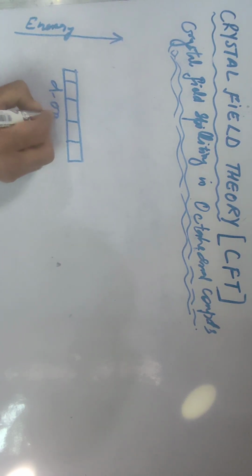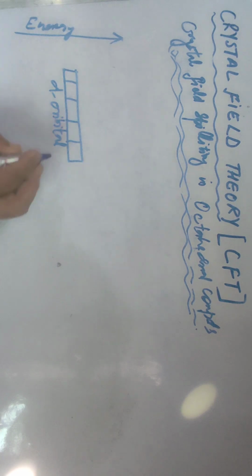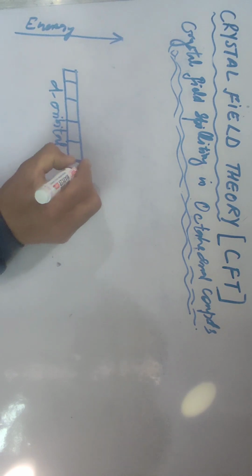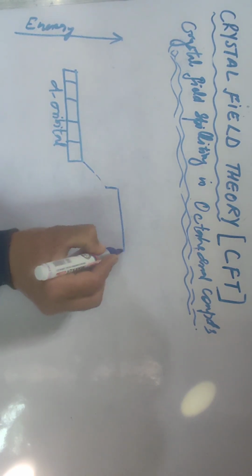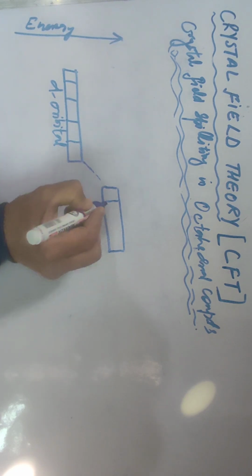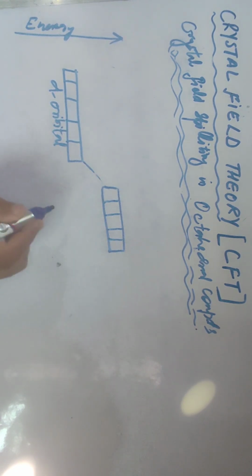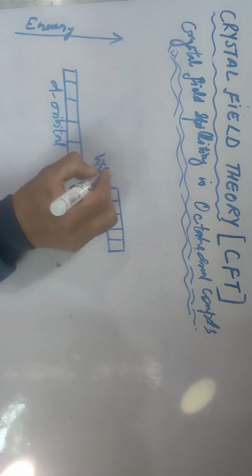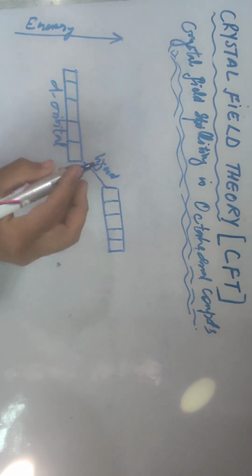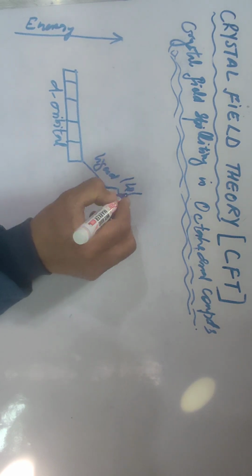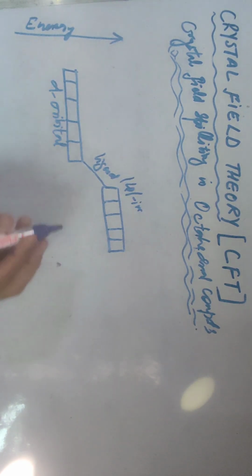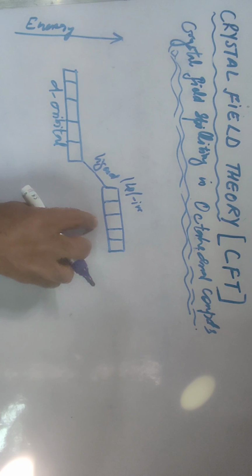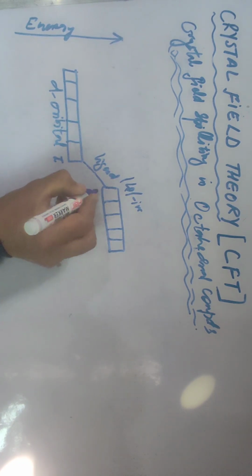Since all these orbitals have the same energy, but under the influence of the ligands, the energy of these d orbitals increases due to the repulsion of these electrons by the ligands. These ligands usually have a lone pair or negative charge, so they repel these d electrons, and the energy of the d orbitals is increased from the first state to the second state.